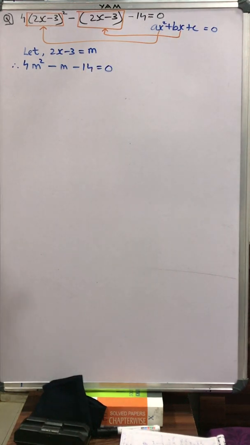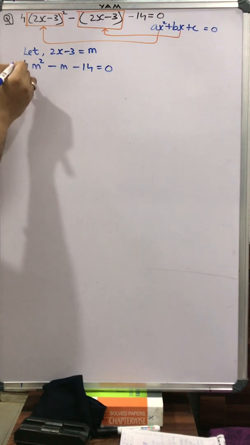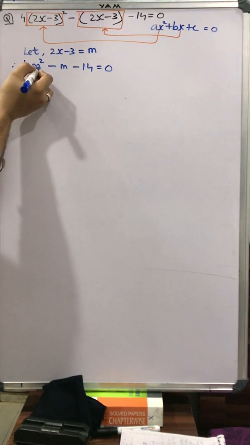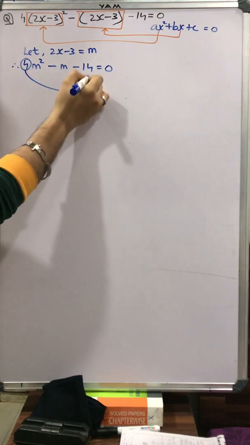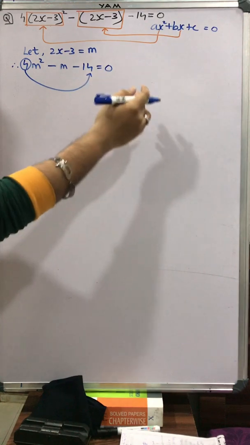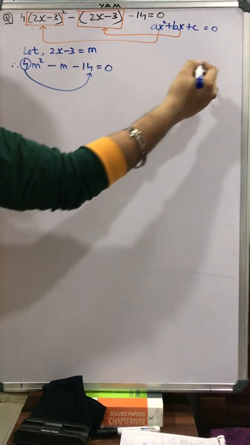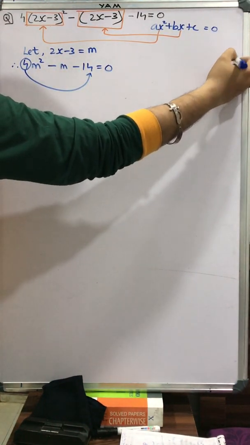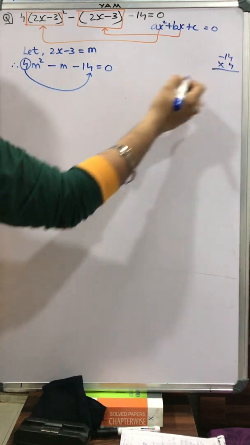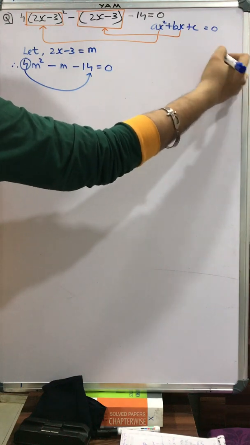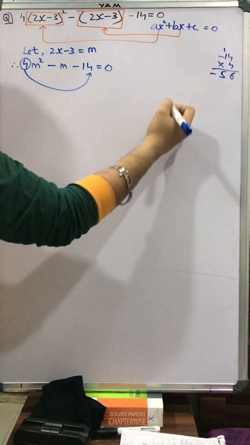Great. Now this is perfectly a normal scenario of a quadratic equation. Here the variable is m. Now as we know, whatever number other than 1 we have in front of the square term is multiplied with this 14. So now this 4 will be multiplied with this 14, of course minus 14. So if I multiply minus 14 with 4, 4 4s are 16, carry 1, 4 1s are 4, 5, it comes to minus 56.